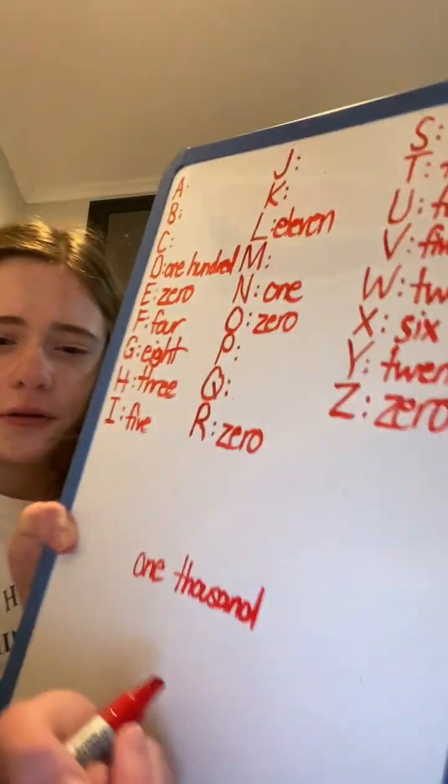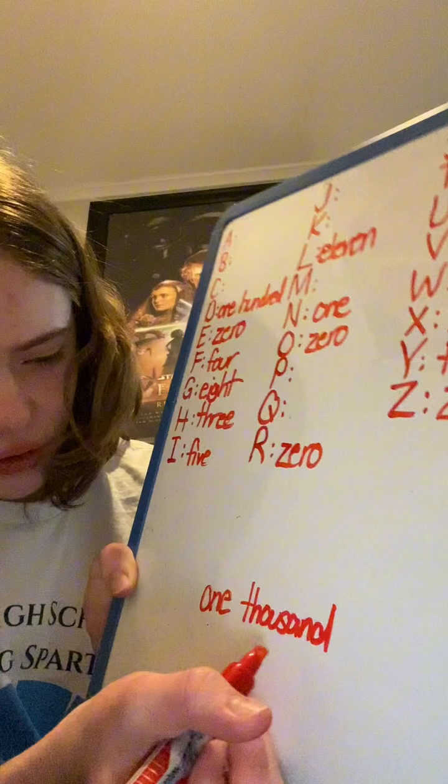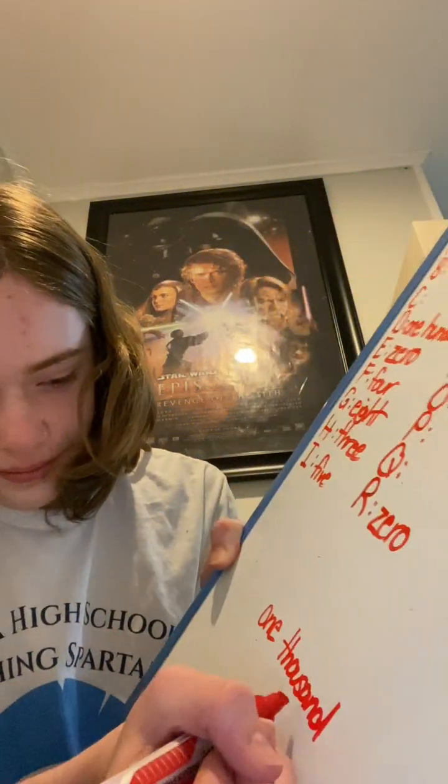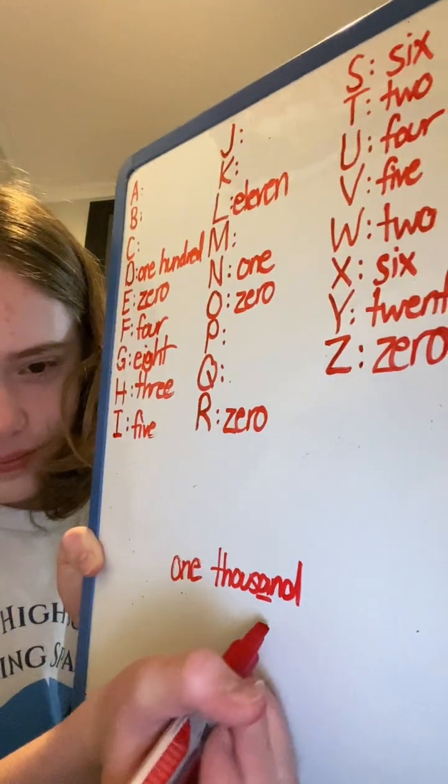But what if we do take 1,000? Well, there is something new. And this new letter is the letter A. Right here.